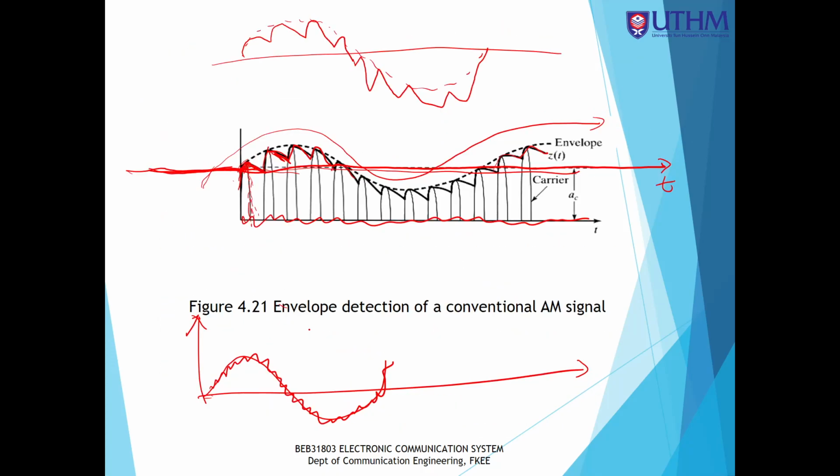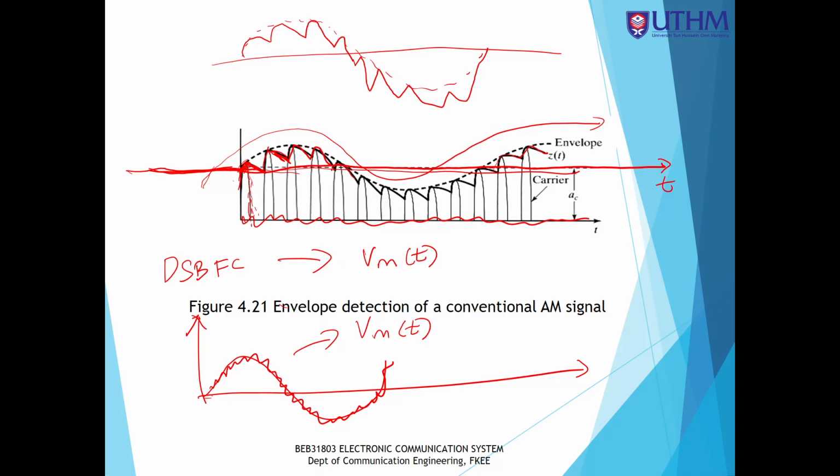So what is this actually? This is the VMT. The demodulator converts double sideband full carrier to become VMT. Remember, demodulation is the reverse process of modulation.